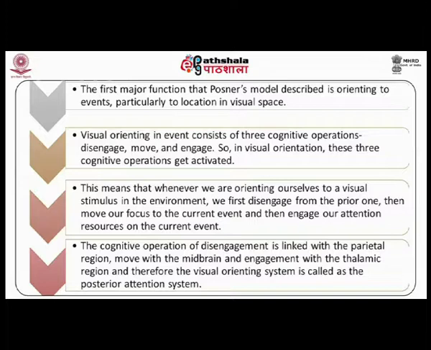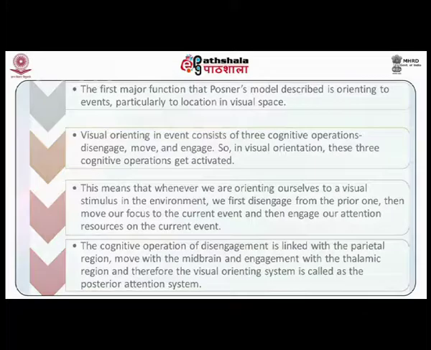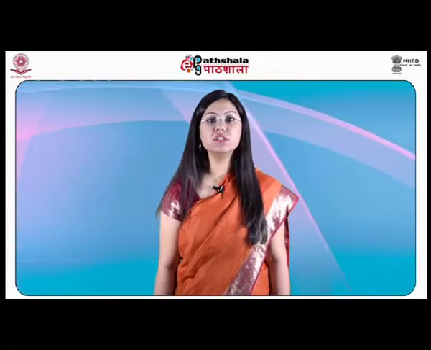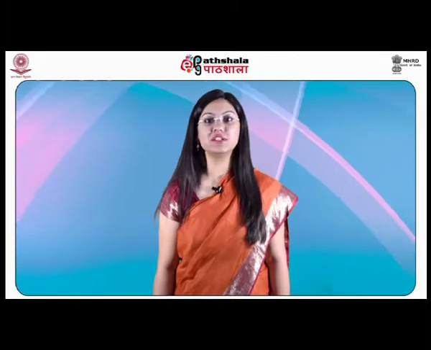The cognitive operation of disengagement is linked with the parietal region, move with the midbrain, and engagement with the thalamic region, and therefore the visual orienting system is called the posterior attention system. The posterior parietal lobe mediates conscious attention to spatial targets.